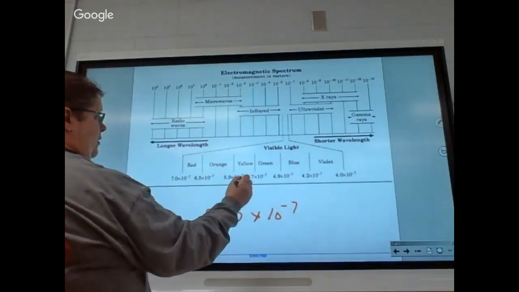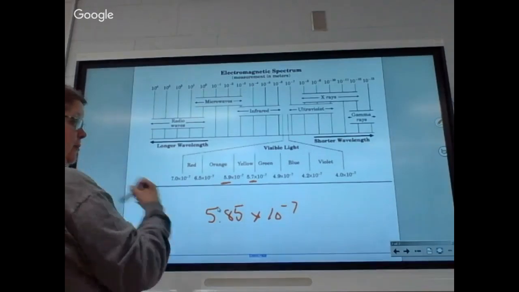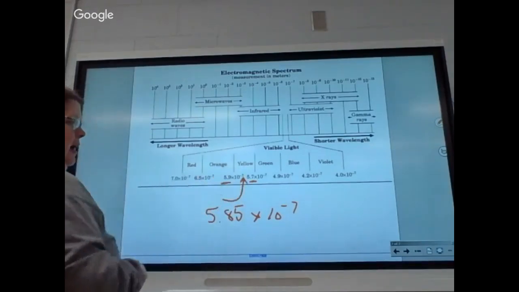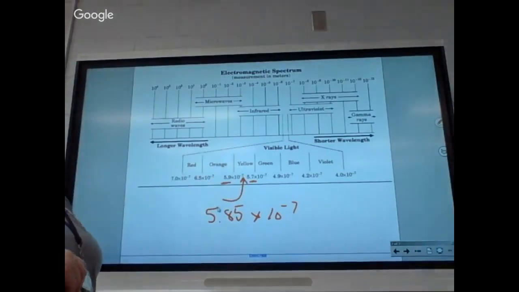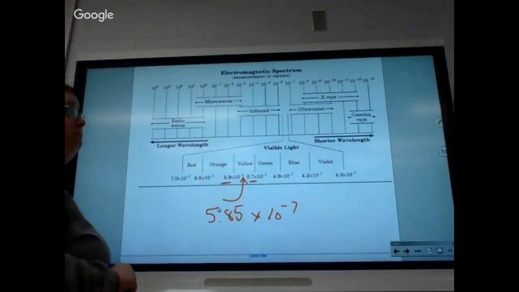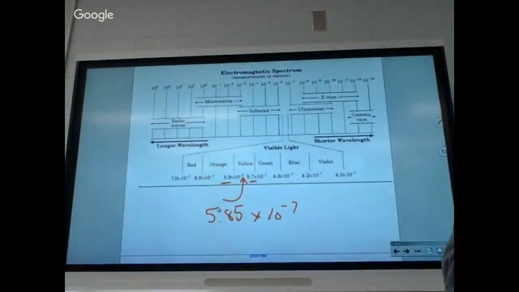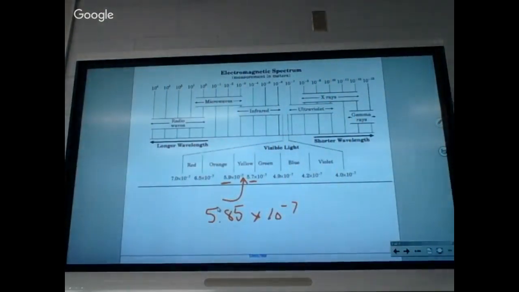This is 5.7, that's 5.9. Where does 5.8 sit between? It sits between there, so that's why it's yellow. Does that make sense? I almost put green. I meant orange. Orange would be higher than 5.9, so that's why it's not orange. And you use the wavelength to find that number.